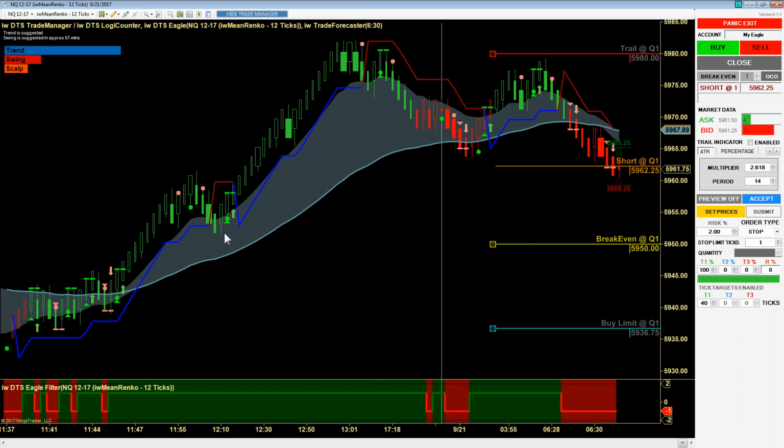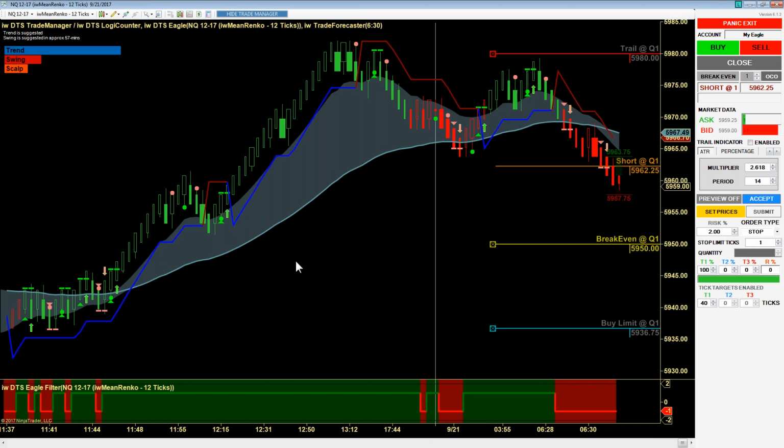Looks like there was a little intermediate support here yesterday around the 59.50 area, so that's likely to, well, if not turn the market, at least be a good spot to take the break even.